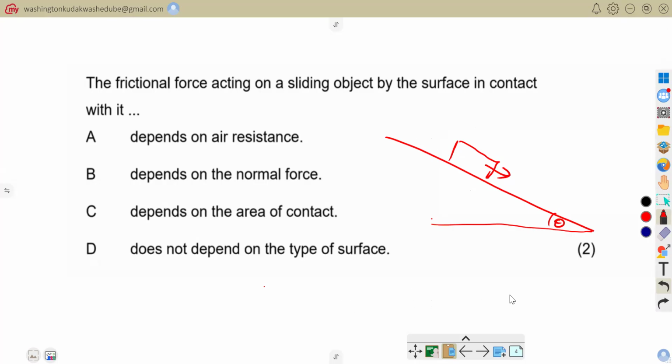Or else we also have an object on a horizontal plane, and maybe this object is also sliding across this horizontal surface. Now they're asking about the frictional force that will act on these objects.